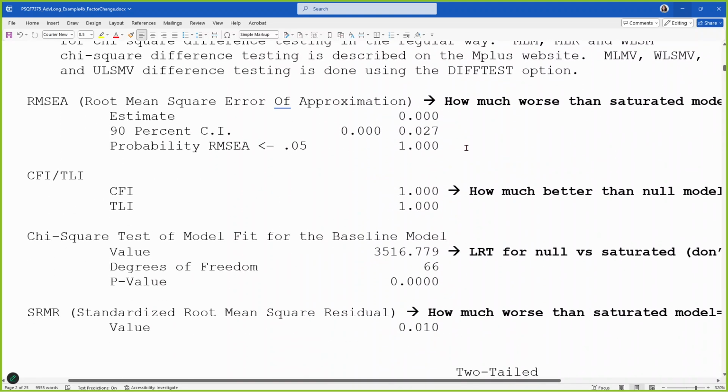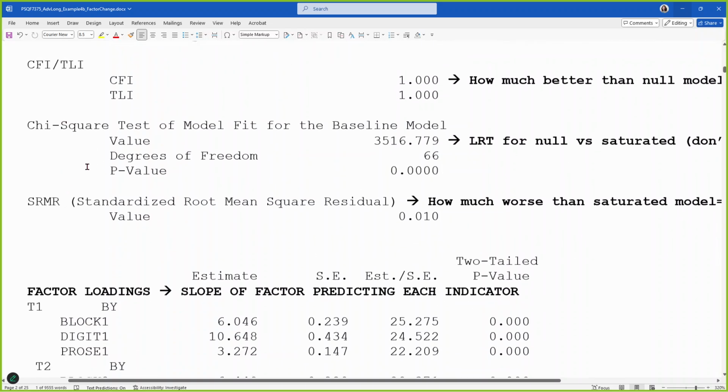Then we get additional fit statistics that tell us the same thing using different indices. RMSEA is how wrong you are per degree of freedom left. It's 0, like this is as good as it gets. CFI and TLI compare your model to a different standard. How much better is your model than the worst possible model that says you have no correlation whatsoever?